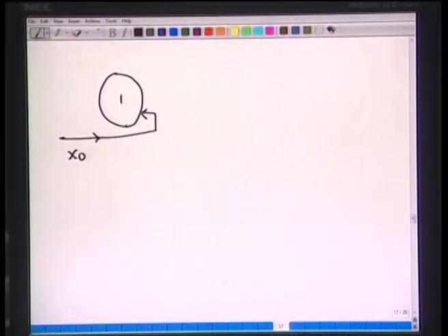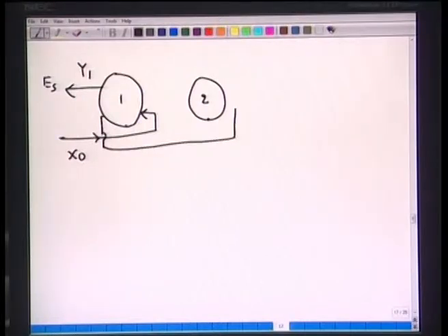Now it enters like this. And this stream which is leaving here is y1. This has a flow rate of Es. Let's draw the second stage, stage 2. Now this is the stream which leaves from here, this can go like this, and it can again enter from this stage 2.